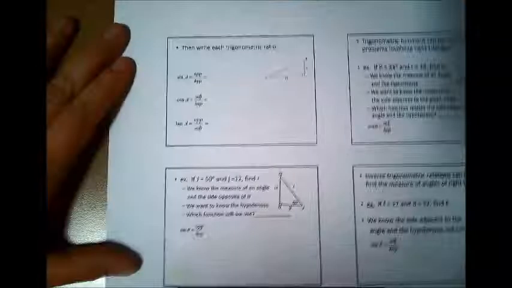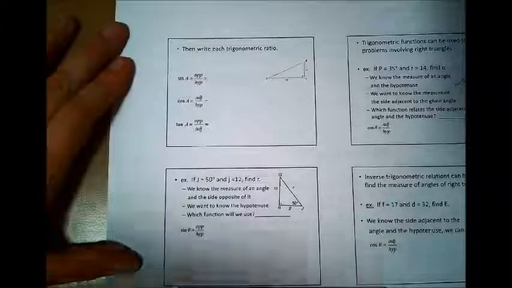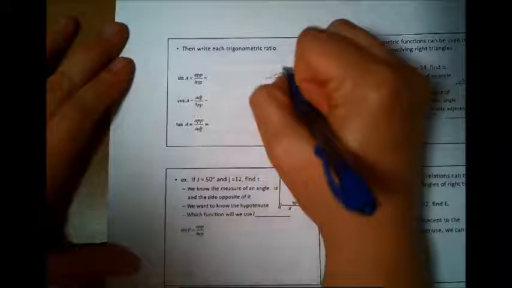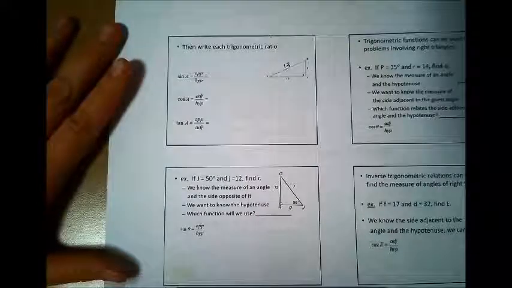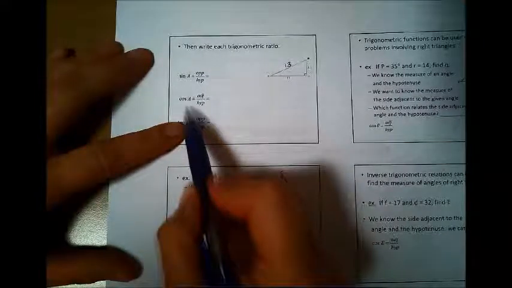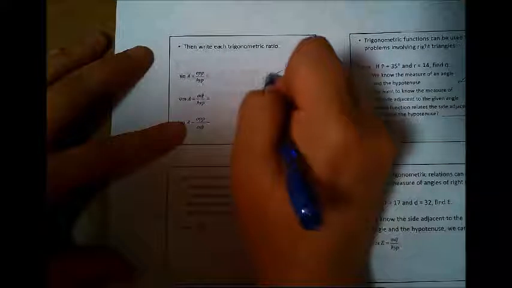So now that we have discovered what the length of our missing side is, 13, now we can write each trigonometric ratio. So we're looking at angle A, that's this angle right here.